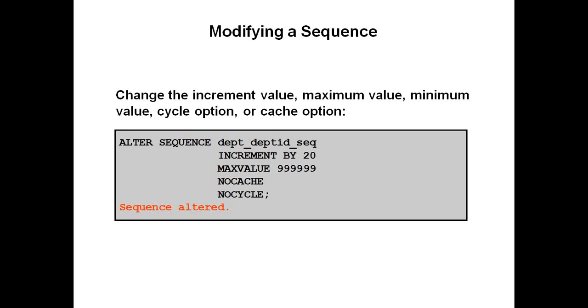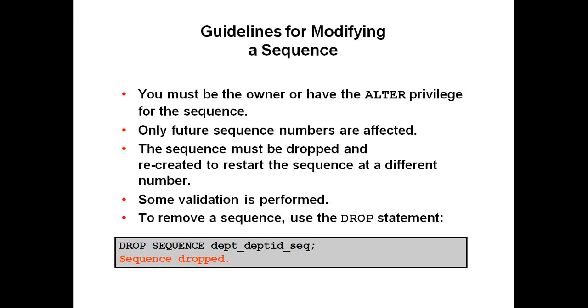And anytime you can go and modify the sequence: you can increase the increment value, or increase the max value, or change the cache mode or the cycle mode. And these are the guidelines when you want to modify a sequence. First of all, you should be the owner, or you should have at least the alter privilege for the sequence.